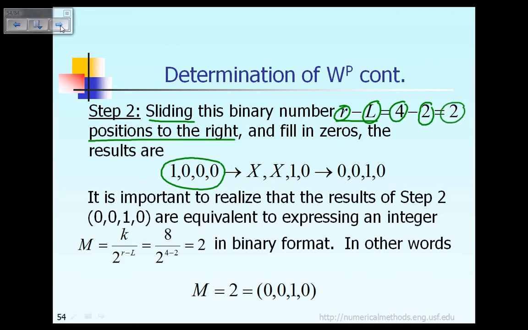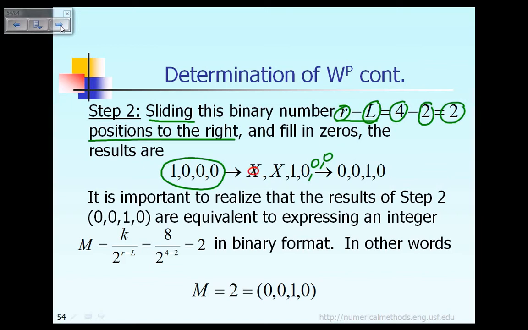So when you slide it to the right, the binary number 1, 0, 0, 0 will become something like x, x, 1, 0. Okay? And then after you slide it by 2 positions to the right, like what I just showed you, you fill in those x's with 0.